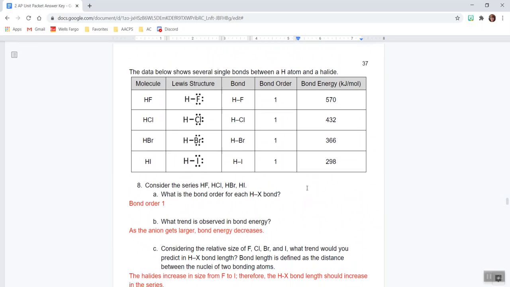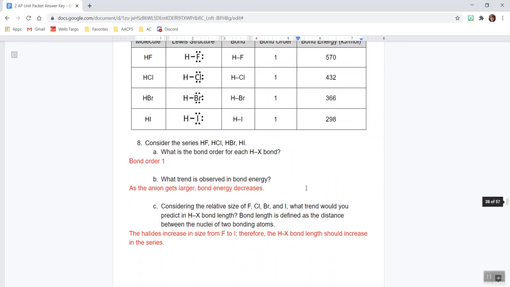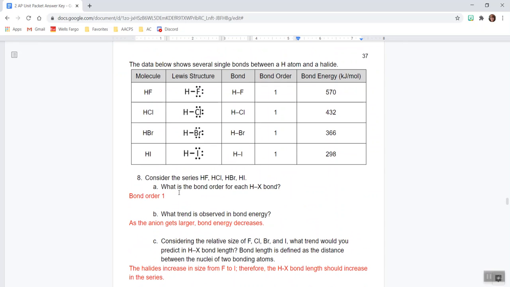So here I have the Lewis structures of several molecules: HF, HCl, HBr, and HI. These are in the gaseous state, so we wouldn't call these acids. These are gases, HF, HCl, HBr, HI. If we dissolve those in water, we would then call it an acid.